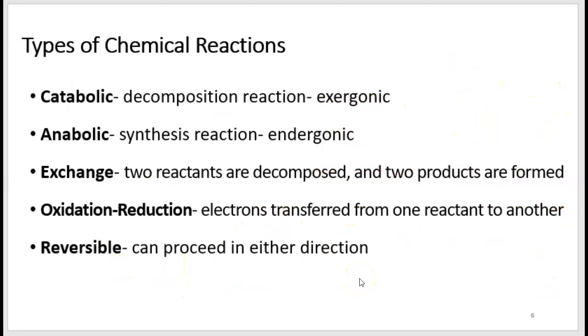Another way to talk about chemical reactions not necessarily related to energy has to do with what happens with the reactants. So in some chemical reactions, the reactants are broken down. That's catabolism. In other types of chemical reactions, the reactants are smaller, but the product is synthesized.